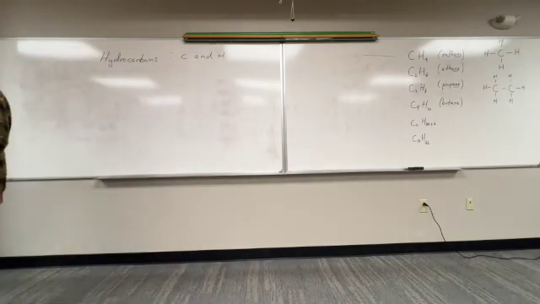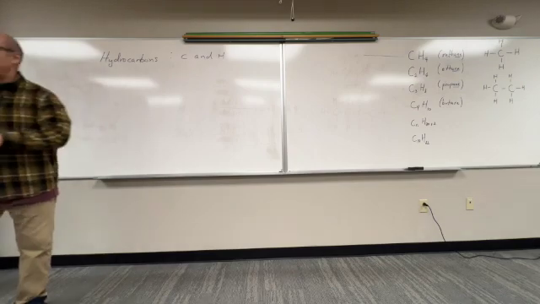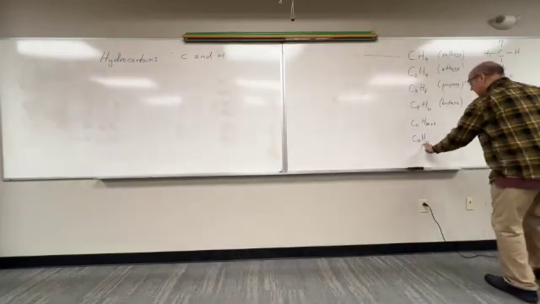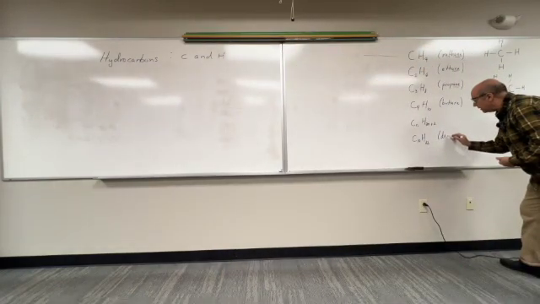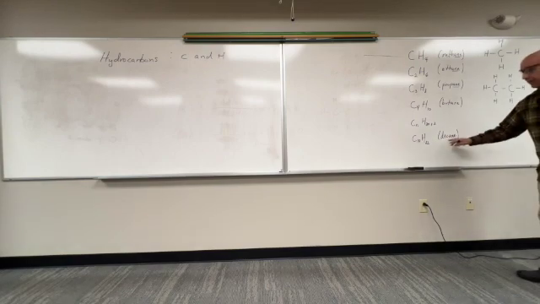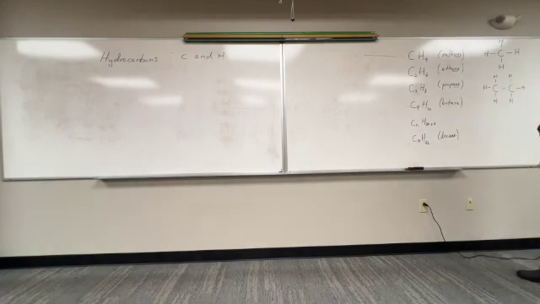Penta in Greek is 5. Hexa in Greek is 6. Hepta, 7. Octa, 8. Nona, 9. Deca, 10. A decade has 10 years, right? So this guy is actually called decane. So deca means 10. And decane means a hydrocarbon with 10 carbons.